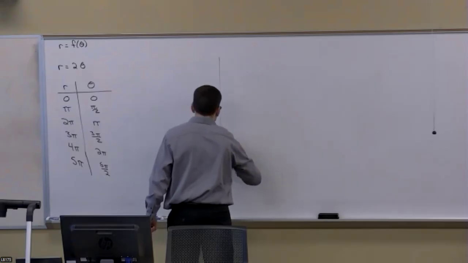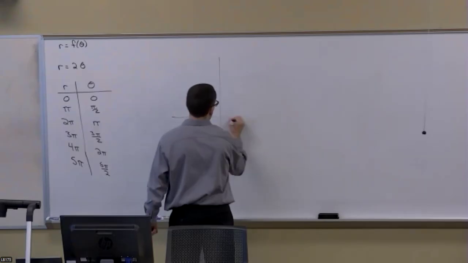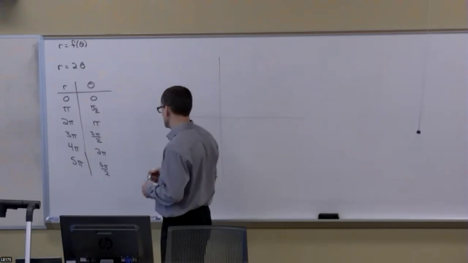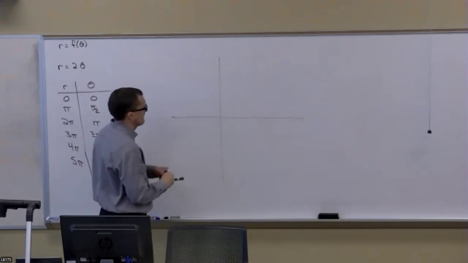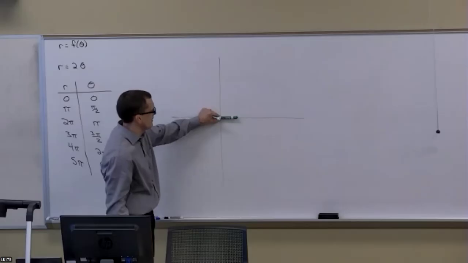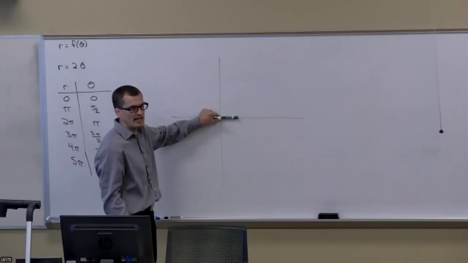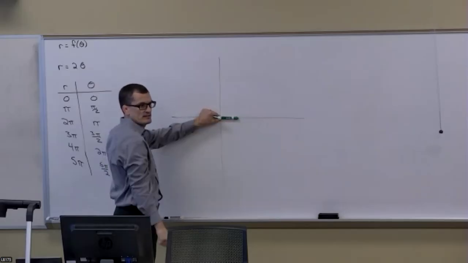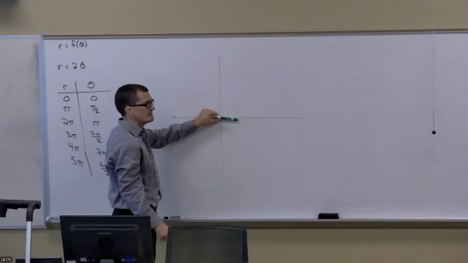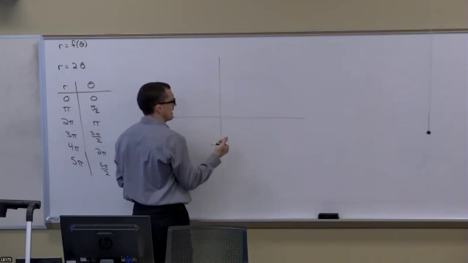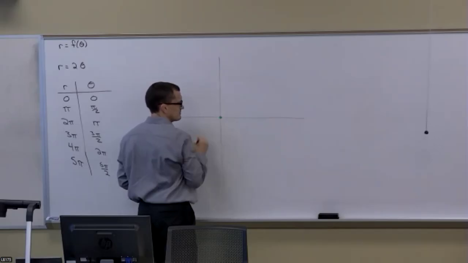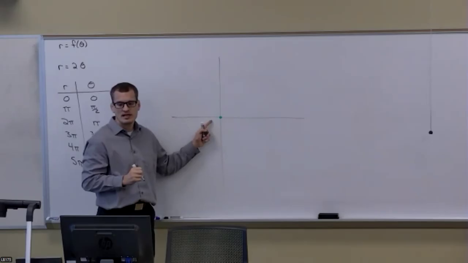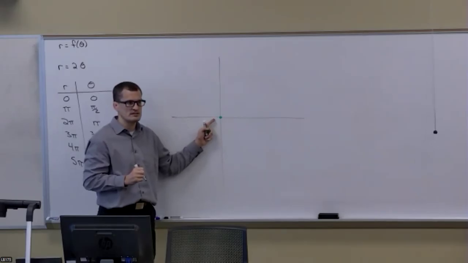Now let's think about all of the points that we just graphed. This is saying if I'm at theta of 0, that's angle pointing this way, then my radius, how far away I am from the origin, is going to be 0. So 0, 0 in polar coordinates is my origin.